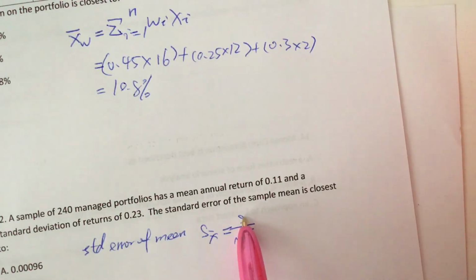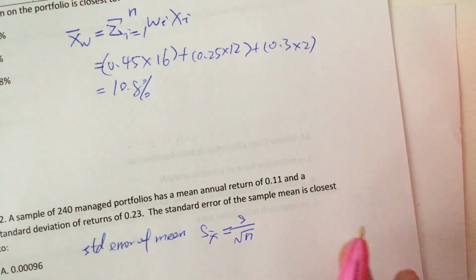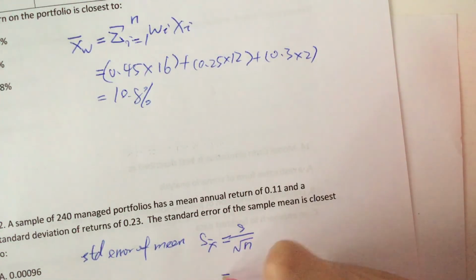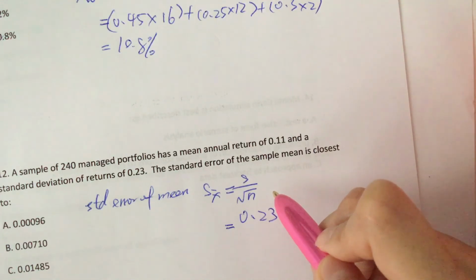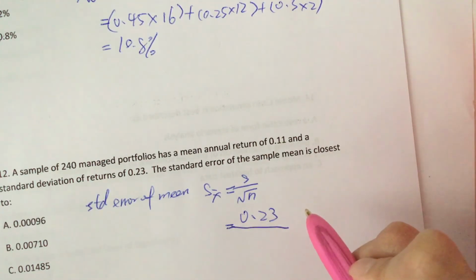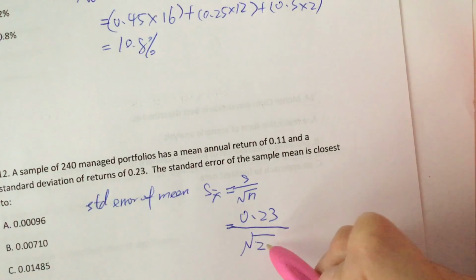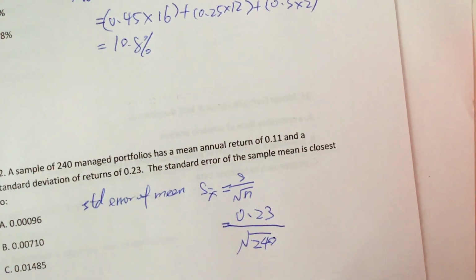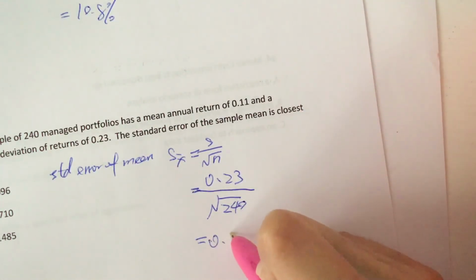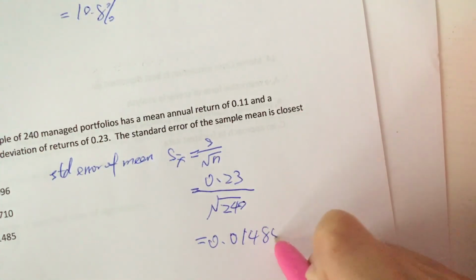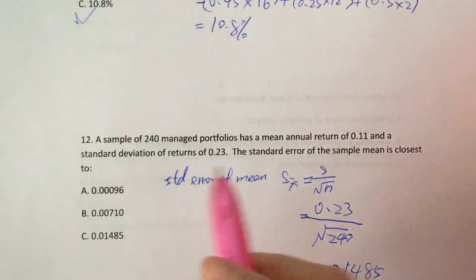S is the sample standard deviation and n is the sample size. Here S equals 0.23 on square root of 240, and this is equal to the result. The correct answer is C.